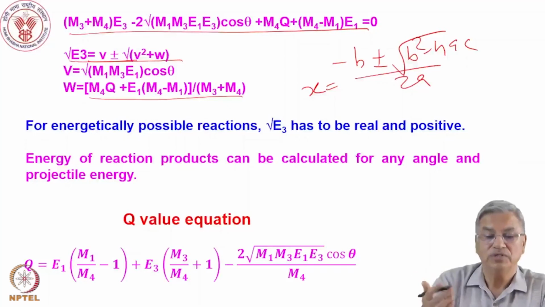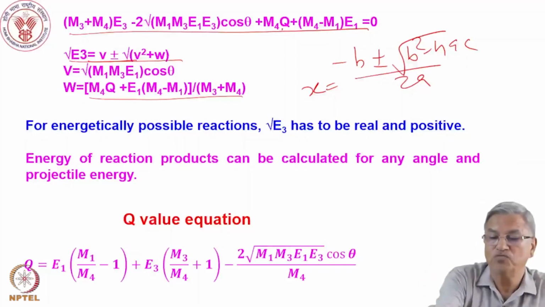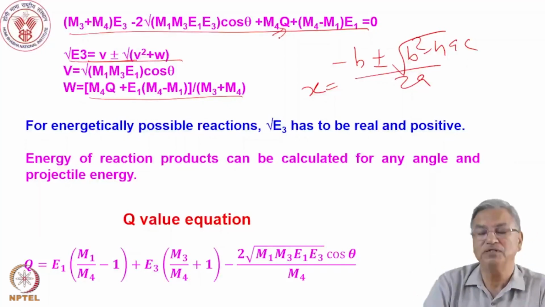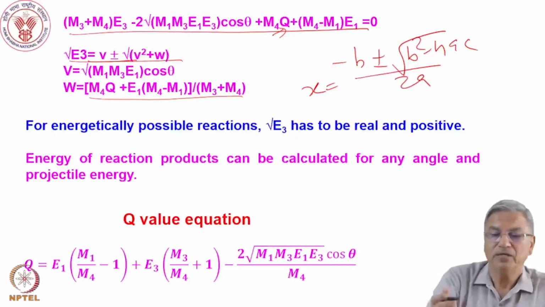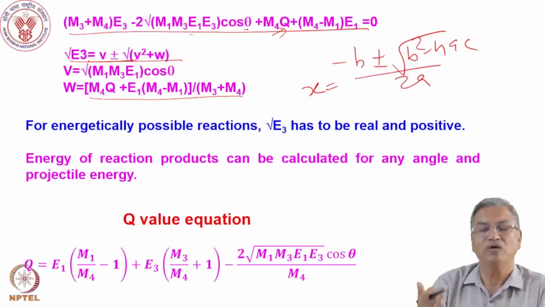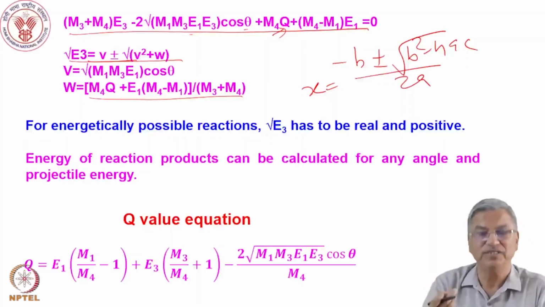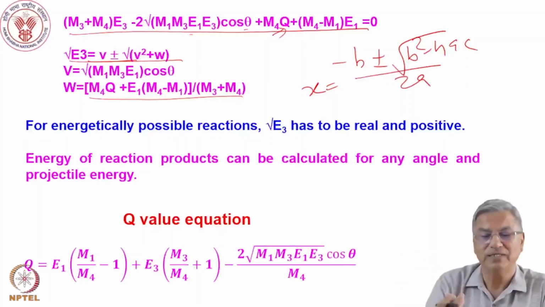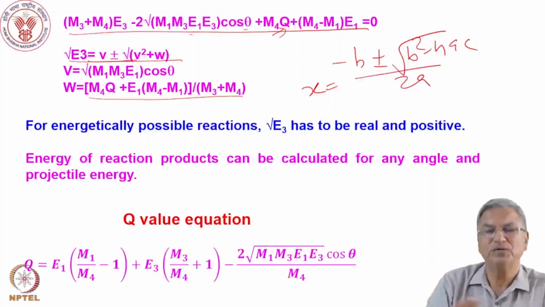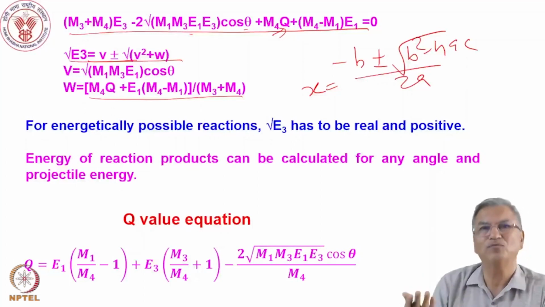So now this equation depends upon the q value, the q value is inbuilt in this equation, and the e1 and cos theta. So if you want to find out the energy of projectile E3 at a particular angle and for a particular energy of the projectile, you can use this equation irrespective of the mechanism. It is valid for elastic scattering, inelastic scattering, or any type of nuclear reaction, direct reaction or compound nuclear reaction.